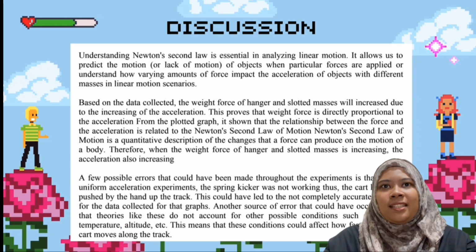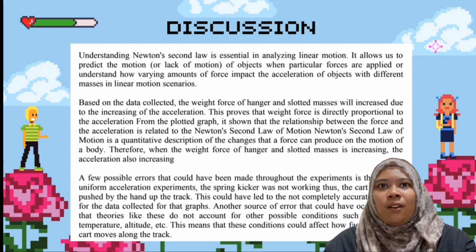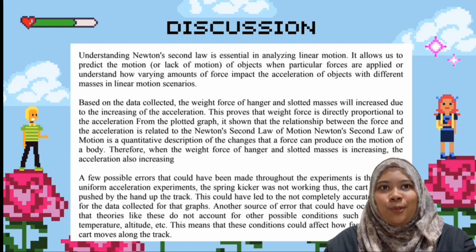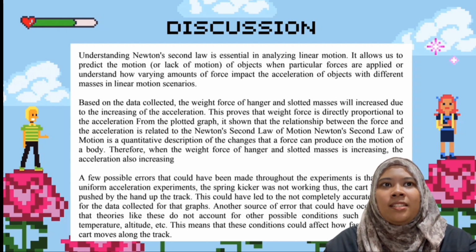Based on the data collected, the weight force of the hanger and slotted masses will increase due to the increasing of the acceleration. This proves that weight force is directly proportional to the acceleration. From the plotted graph, it's shown that the relationship between the force and the acceleration is related to Newton's second law of motion.